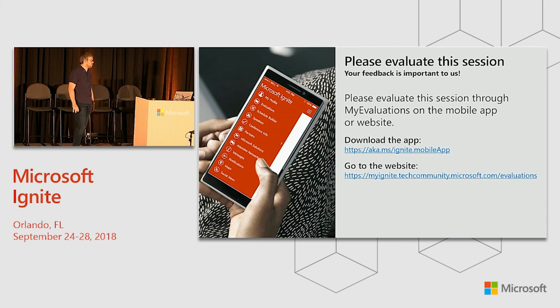If we are on an Insider build and we're still having the issue, who do we talk to? I went to the Outlook people and they told me to come to this session, and I'm not sure I'm going to the right person. We are the right people to solve that problem, so you can talk to us after. If you're not seeing actionable messages and you're on the Insider preview, there's a problem.